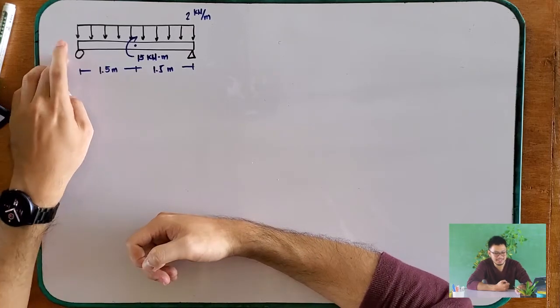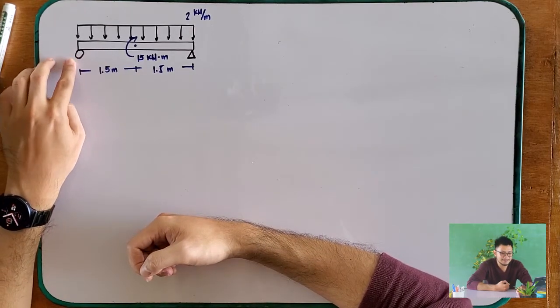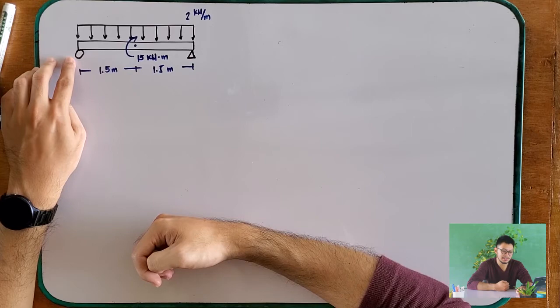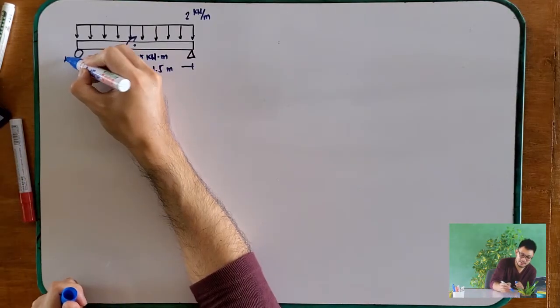In this case, we will choose the left side, so let's just solve for this unknown support reaction. But if you choose the right side, then of course you have to solve for the right support, and you no longer solve the left. Okay? So let's do this. And let's call this one A and this one B.